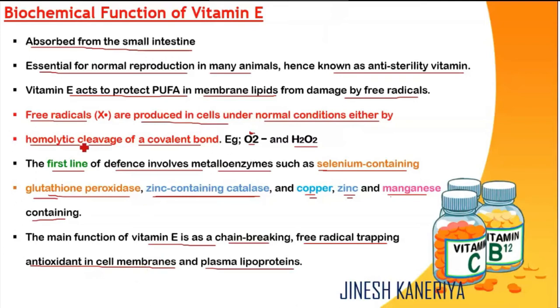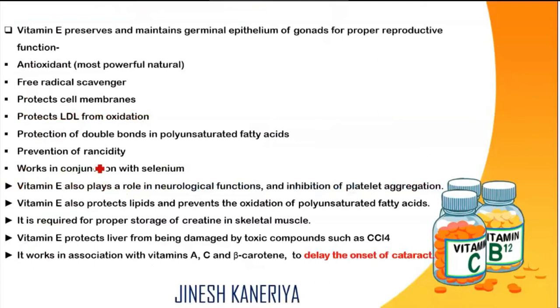So these are the important functions of vitamin E, a fat-soluble vitamin in our body: intestinal absorption, normal reproduction, protection of polyunsaturated fatty acids, neutralization of free radicals, protection of metalloenzymes, and antioxidant activity for the cell membrane and plasma lipoprotein.